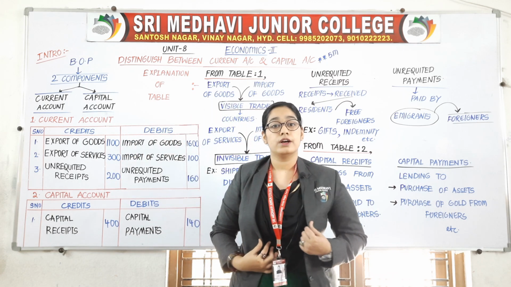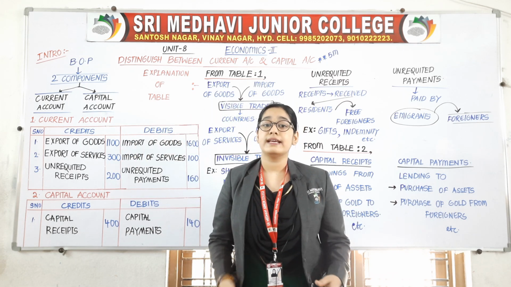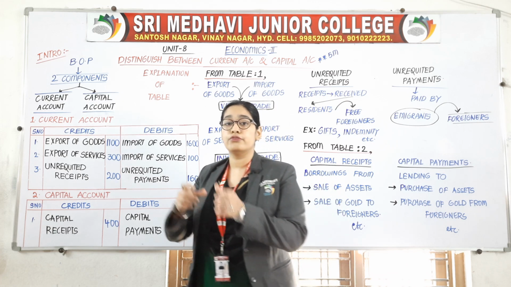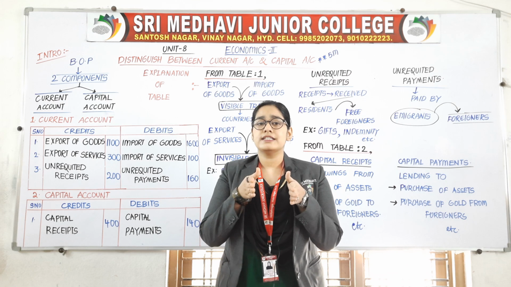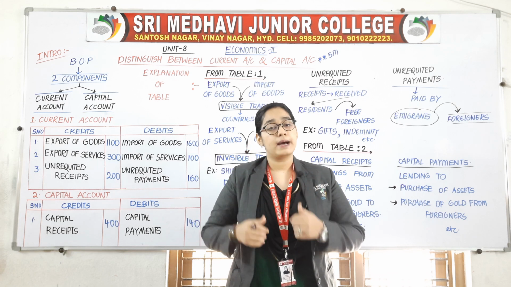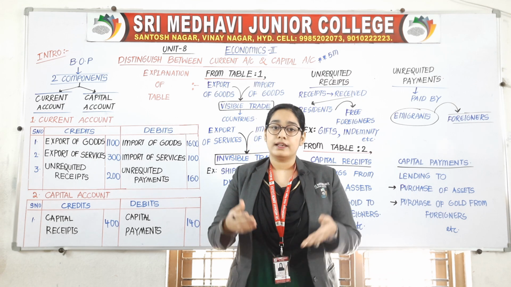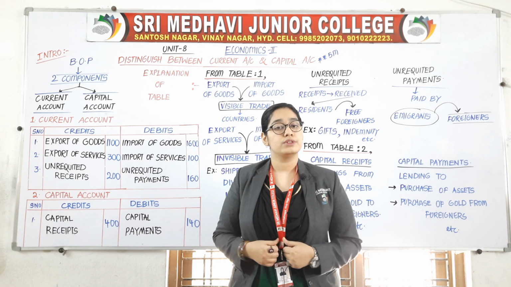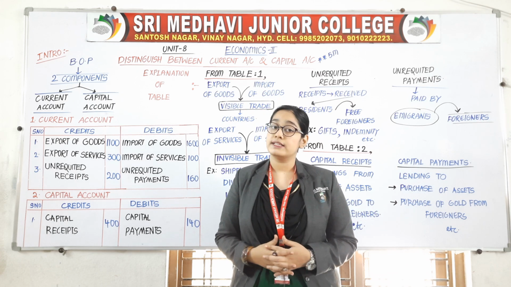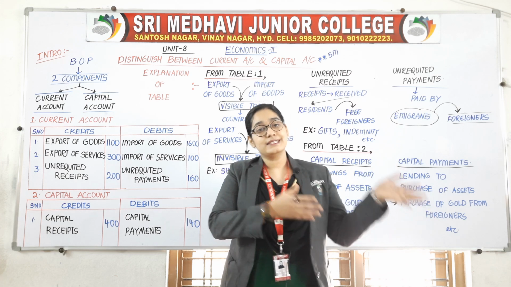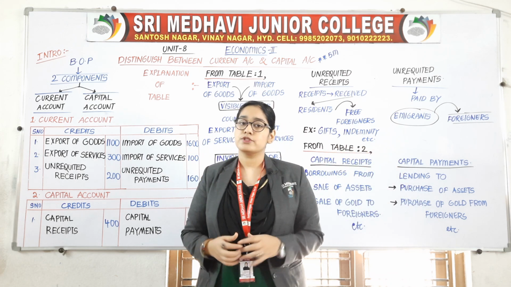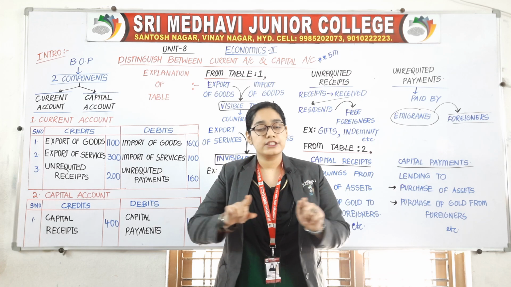Now we might have got a doubt, what is balance of payments? So balance of payment is just a form of balance sheet. Like all the CEC and MEC students know very well what is balance sheet. It comprises of liabilities and assets. So that is nothing but a balance sheet.